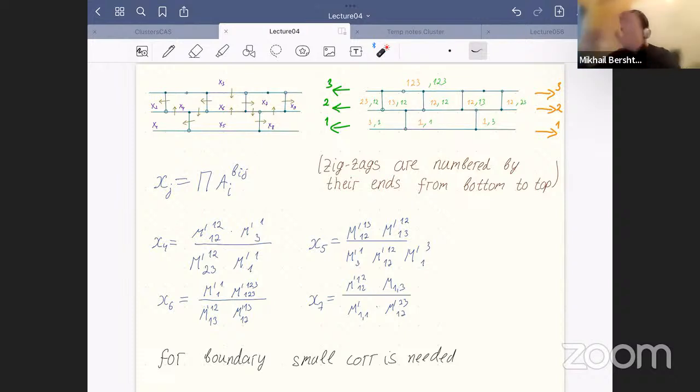Powers will still be integer, not the half integers which we had before, and we'll have in 15 minutes for the Poisson bracket everything integer, but there should be some care for the boundary. So this is a twist map. In some sense, this is a map which relates two cluster structures of the same manifold.